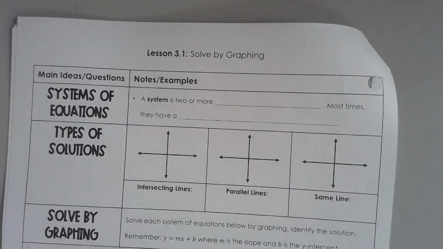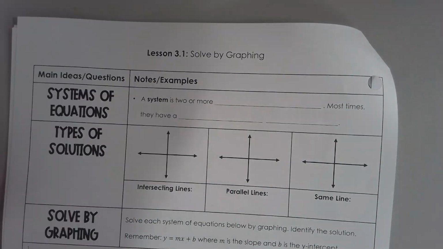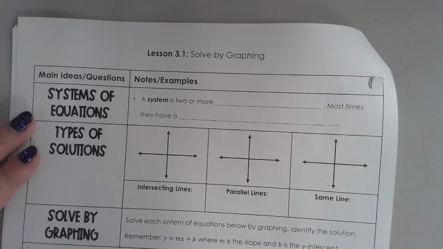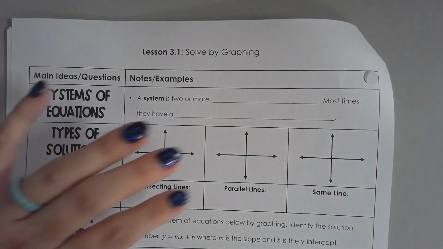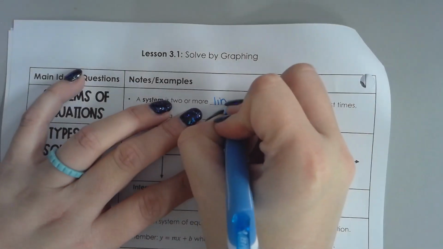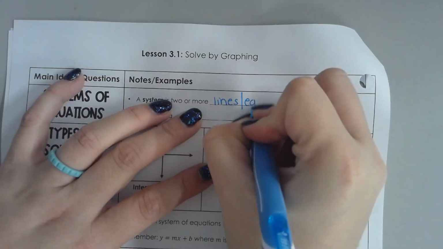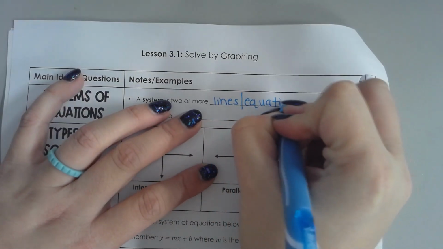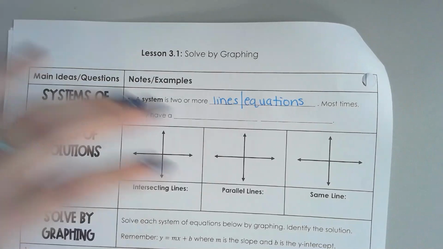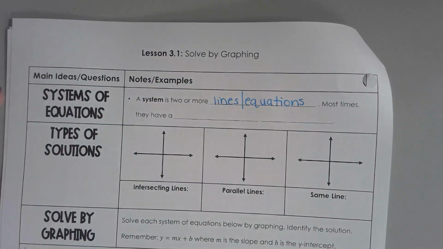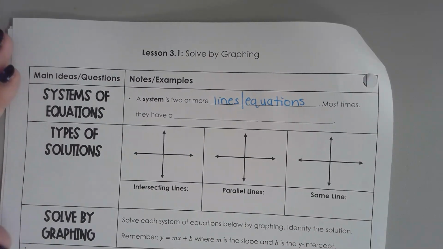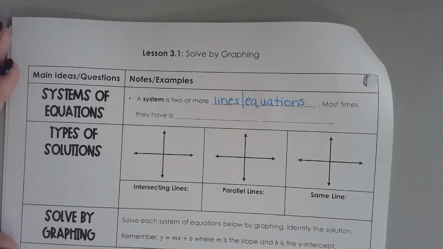So a system of equations. When I talk about a system, that is when you have two or more lines or equations. And really what we're doing is looking for where those lines cross.